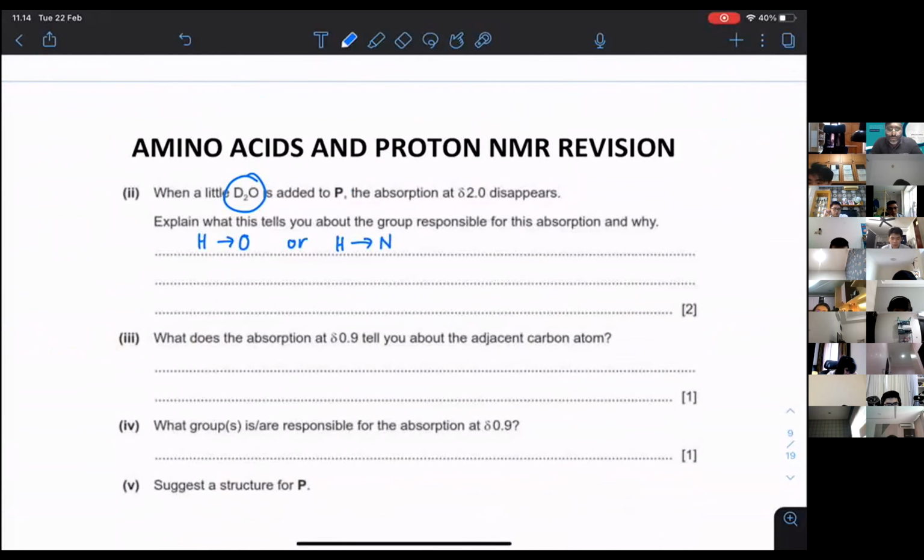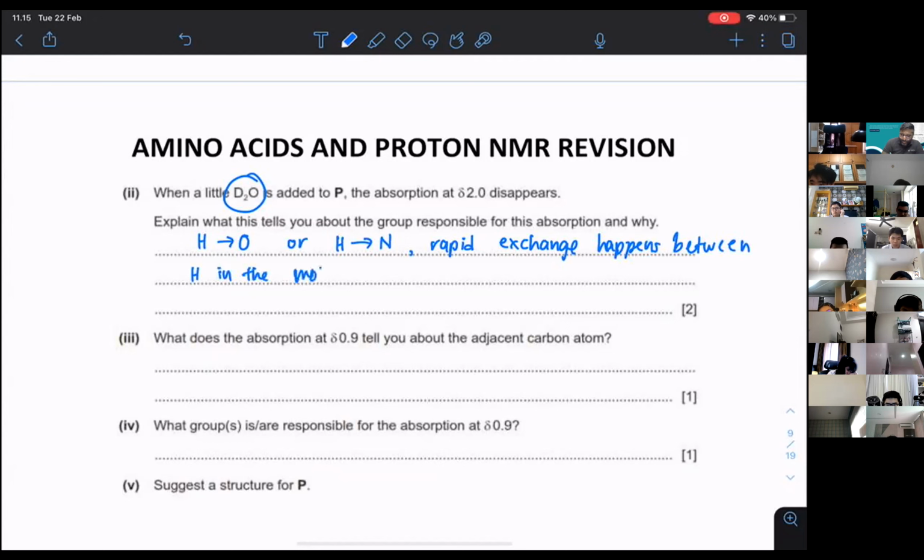What happens is rapid exchange between the hydrogen in the molecule and the hydrogen in water.